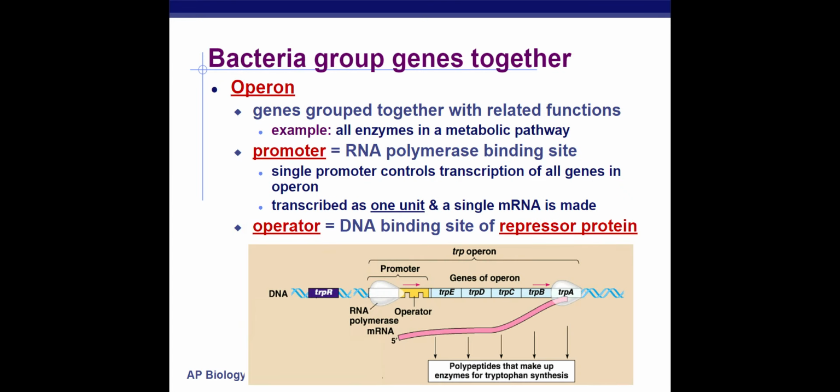All right, so we need to understand a little bit more about just how bacteria organizes its genome. Bacteria, very clever, uses this operon technique, where it lumps a bunch of genes that are all related to the metabolic pathway together.